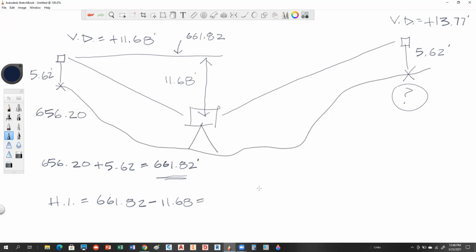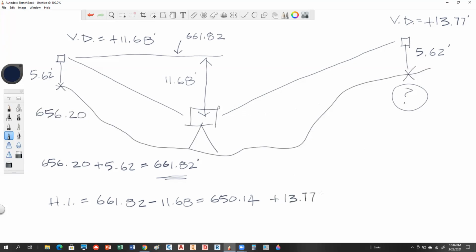So that gives me a height of instrument of 650.14. Is everybody getting those numbers? Yep. So if I'm sitting there at 650, to get the height of this reflector, I'm just going to add to it what? The vertical difference, which is also going in the same direction.